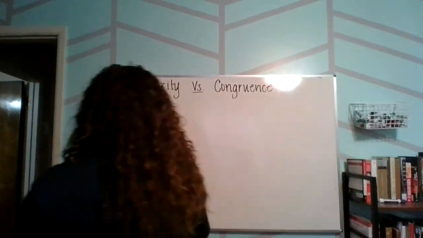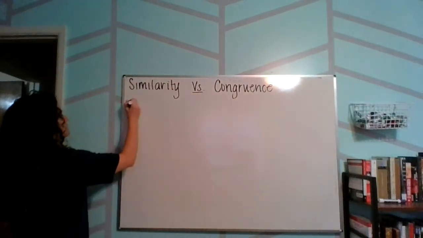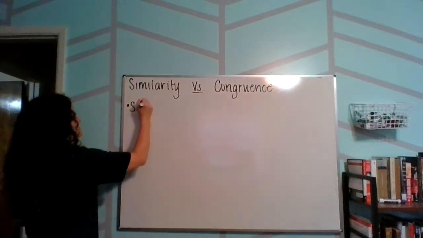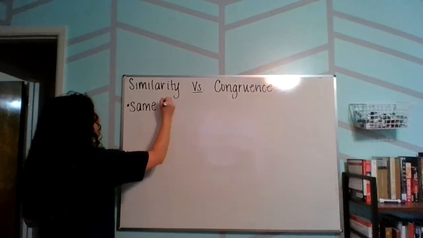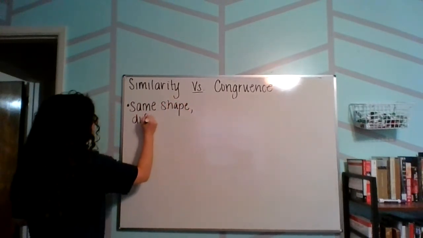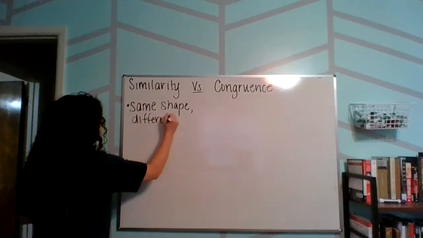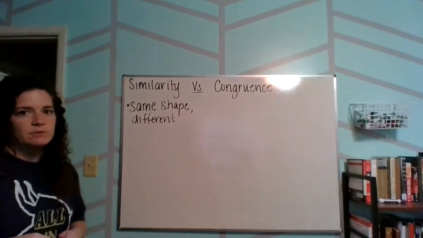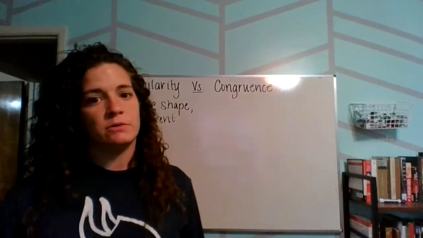So similar, what we've been saying is all of the S's, right? Same shape, different size. Same shape would mean if you start with a star, you're going to end with a star. If you start with a triangle, you're going to end with a triangle.